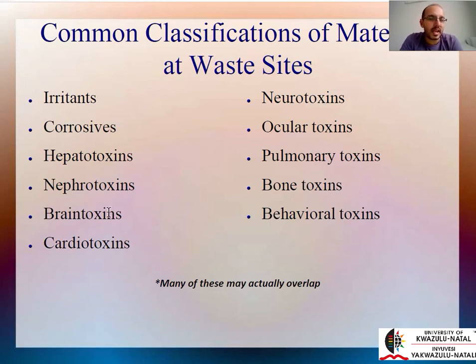Then there are brain toxins. These cause brain diseases such as Alzheimer's. And interestingly enough, your brain actually works on trying to get rid of toxins, and it gets rid of toxins while you're sleeping, which is why sleep is quite healthy for you. Then there are toxins called cardiotoxins. These toxins affect any kind of muscle.